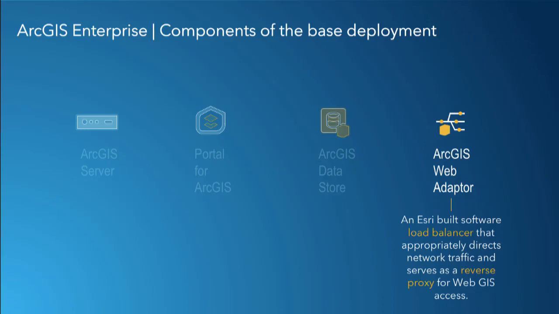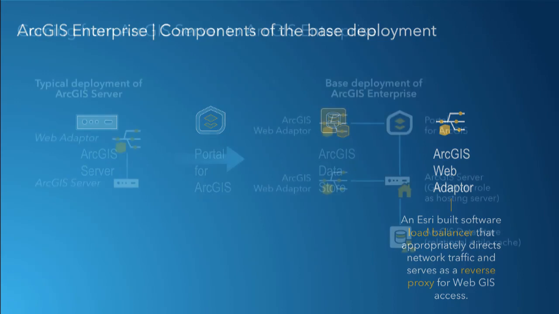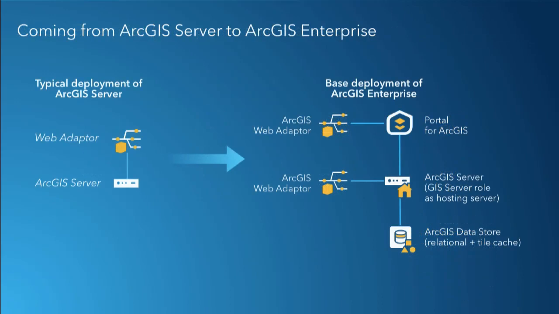The idea of the base deployment itself is the configuration of these different software components. If you're coming from an existing ArcGIS server deployment, you're most likely coming from something that looks similar to what's on the left-hand side. You probably have a web adapter sitting in front of an ArcGIS server site.